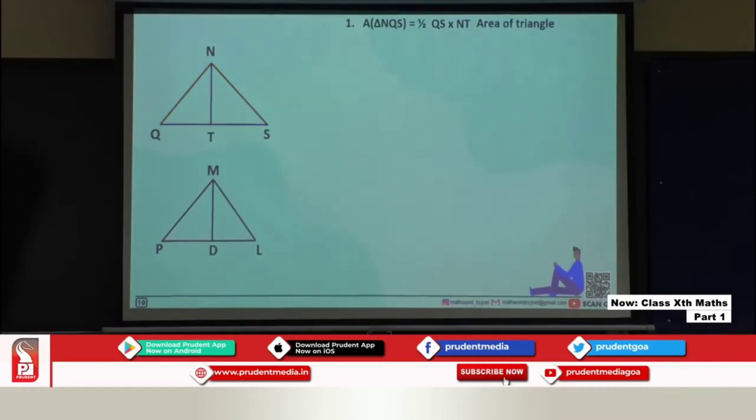Second is this triangle, that is MPL. Area of triangle MPL will be half base into height again. So base is PL, height is MD. Okay, there you can see the change in color, and it would become area of triangle MPL is equal to half PL into MD. Reason is area of triangle.